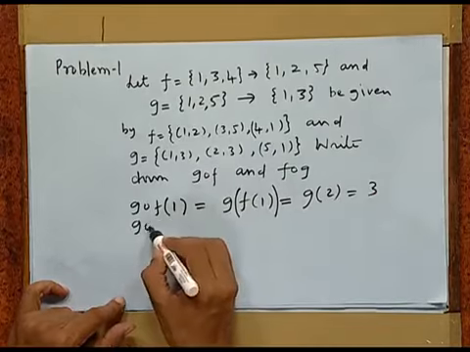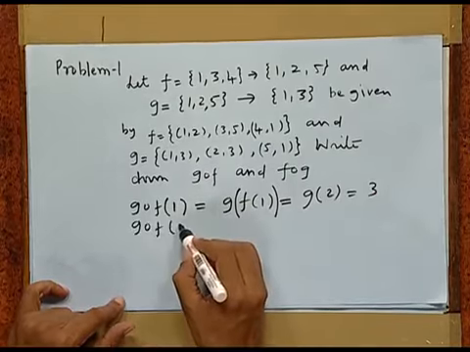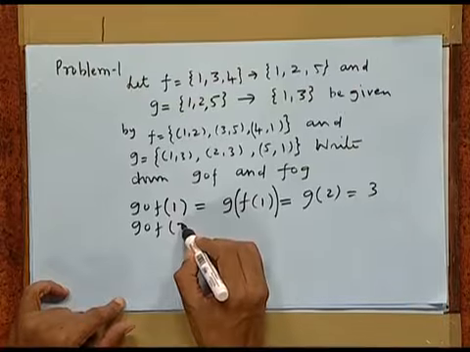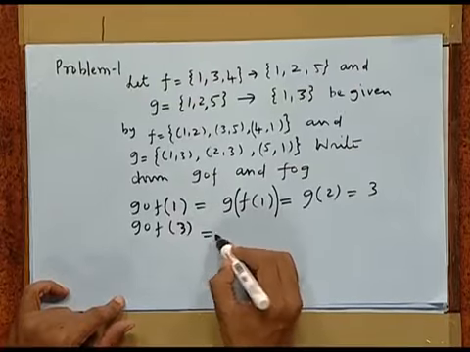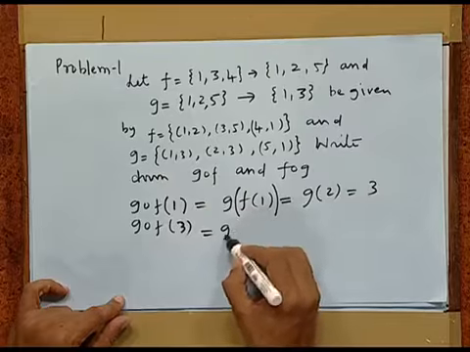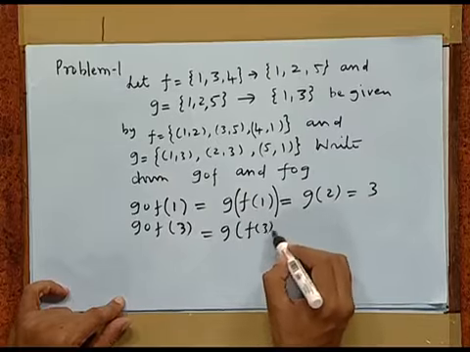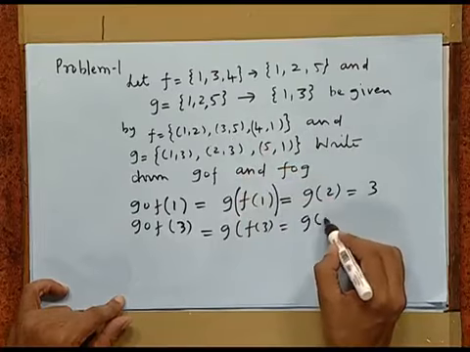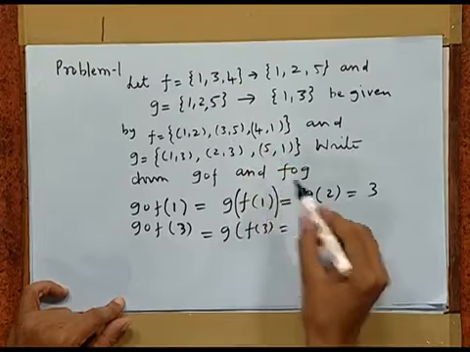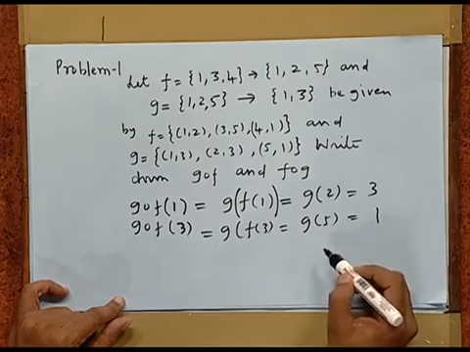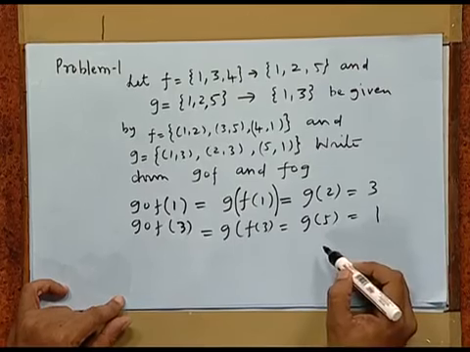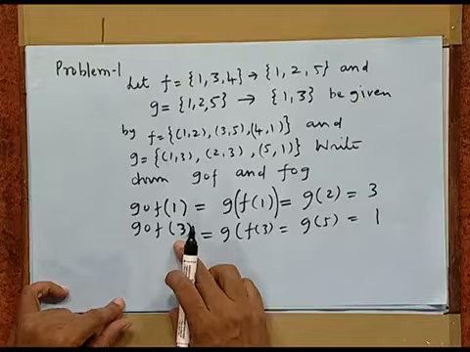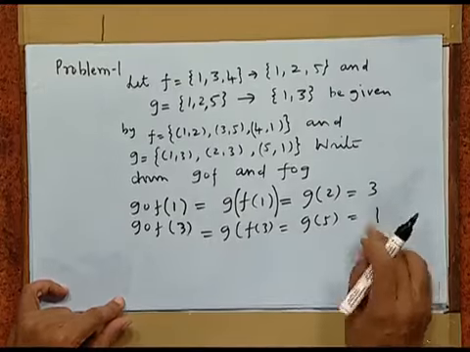Similarly, GOF of 3 is G of f of 3. F of 3 is 5, so it is G of 5, and G of 5 is 1. It means under GOF, the image of 3 is becoming 1.